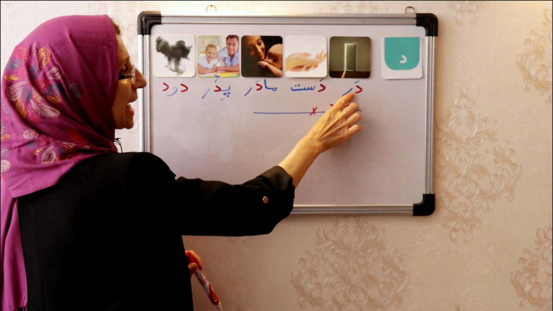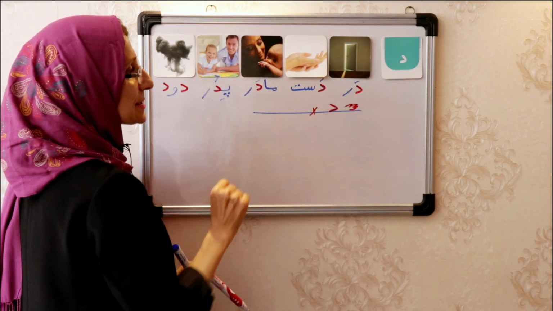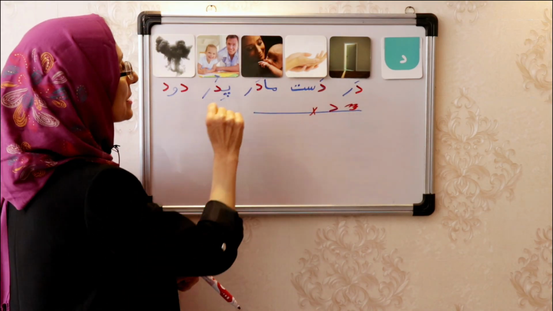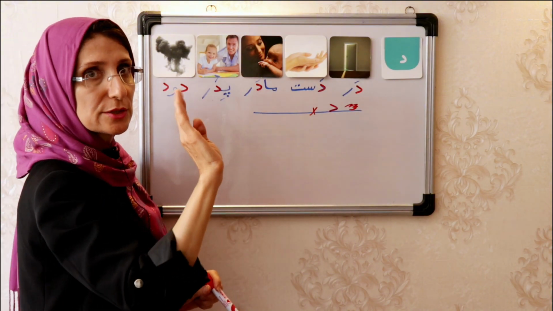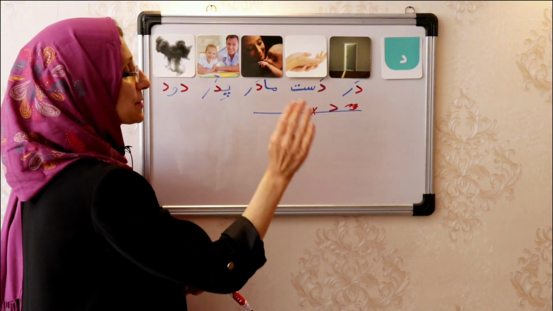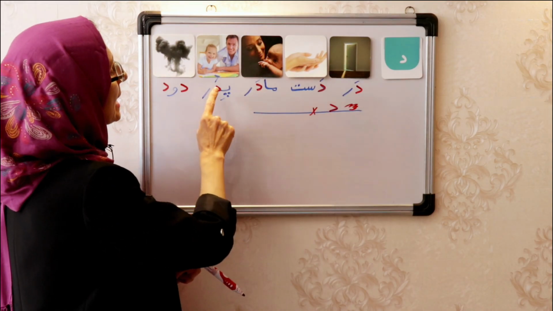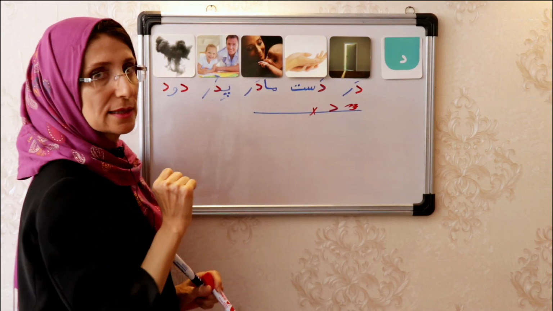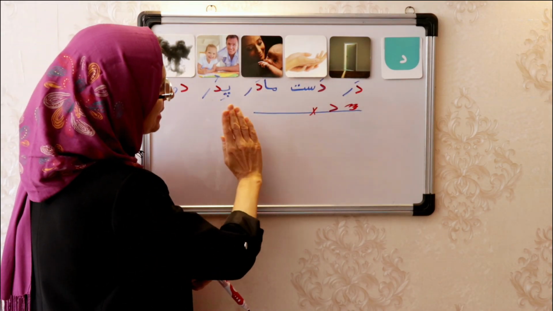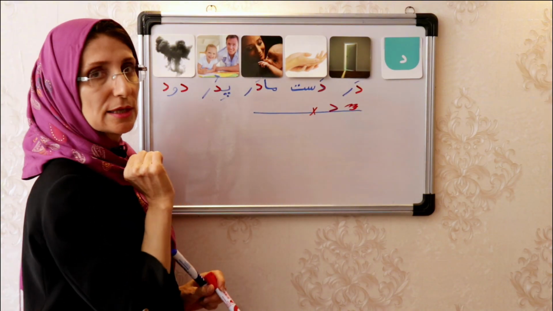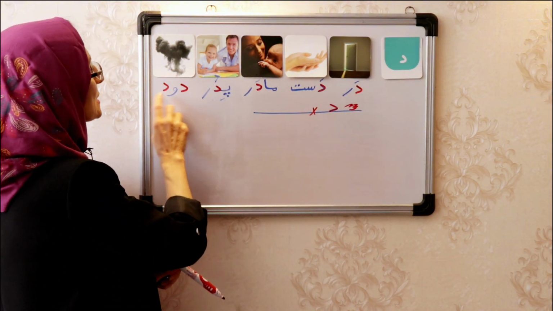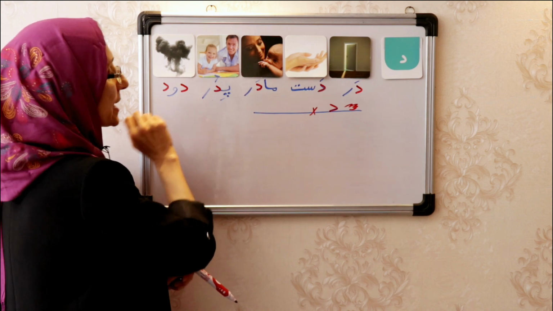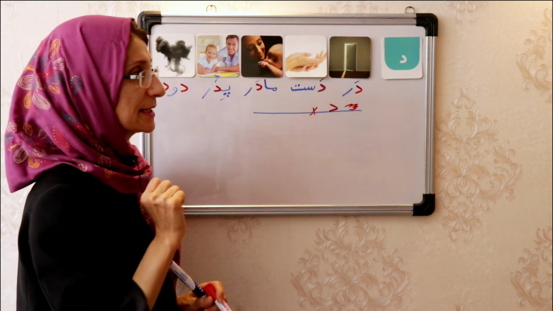So, در, dast, initial position, مادر, lonely, no connection to the previous or next sound, and پدر, connected to the previous sound in the middle position, and دود, you see, in the initial and final position.